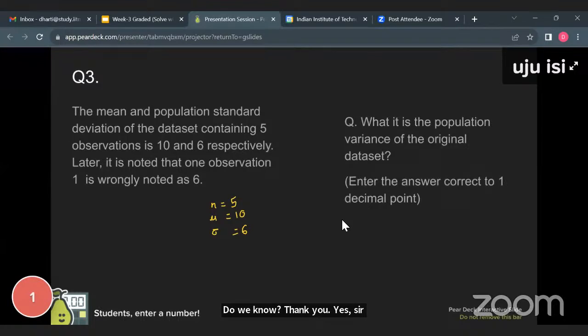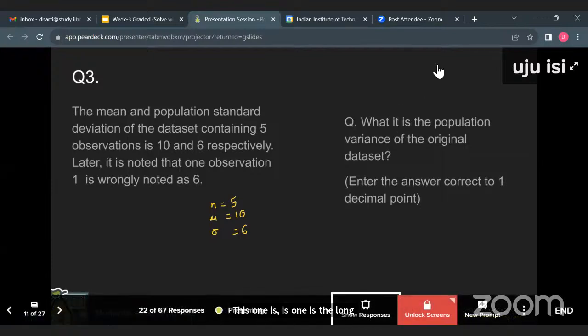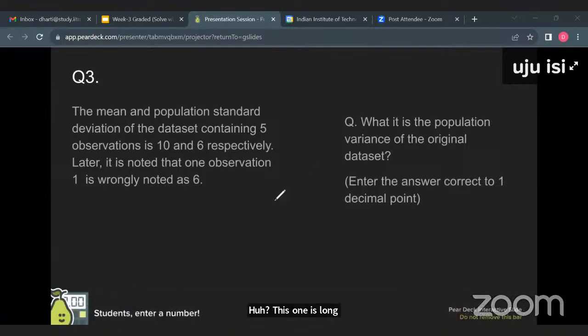You have to calculate in such a type of question. There is no other; this another one is the long type. It takes time. Okay, I will explain. It's actually not that much long if you understand the question properly.